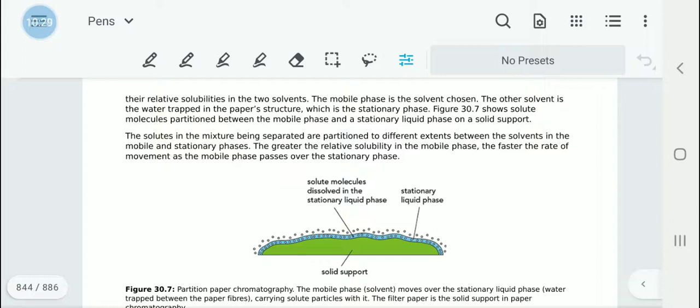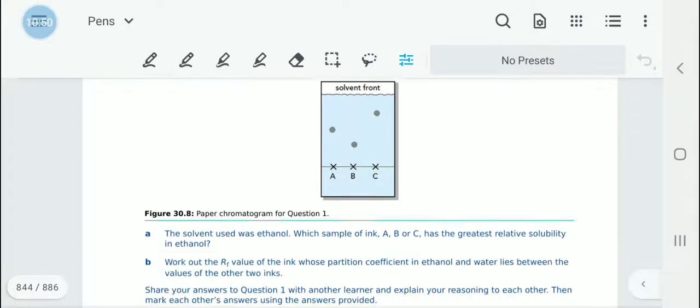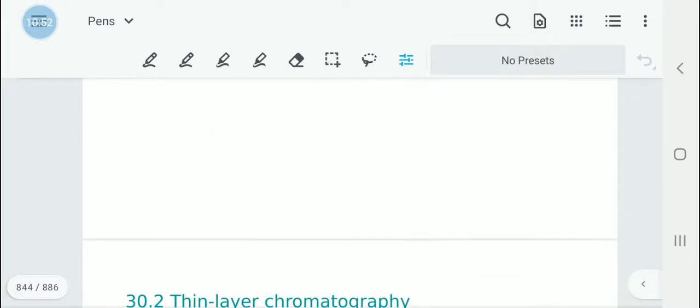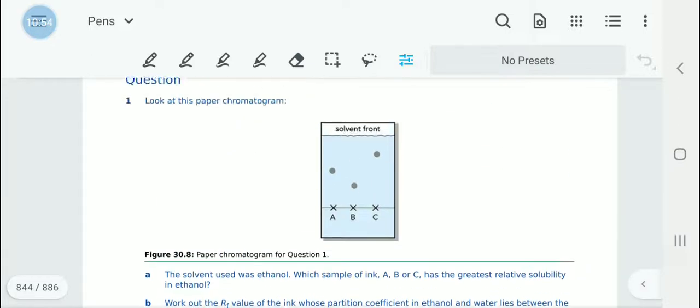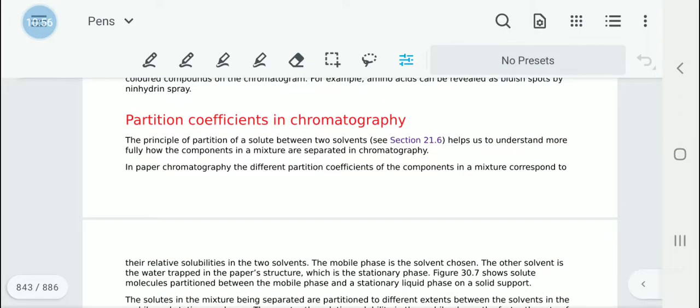If the relative solubility of a particular chemical is high in the mobile phase, that means it will pass over the stationary phase very quickly, right? So the mobile phase would pass over the stationary phase very quickly. That means it would get carried a long way. I hope you understood. If you have any doubts, please ask me.